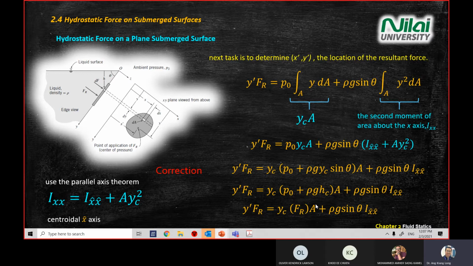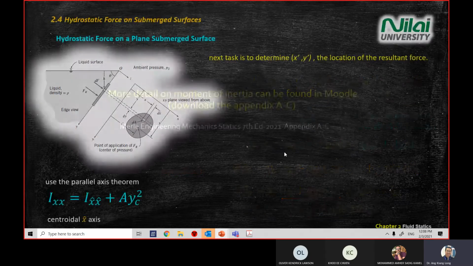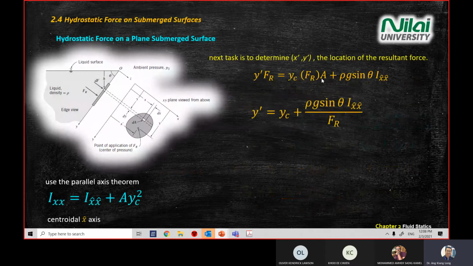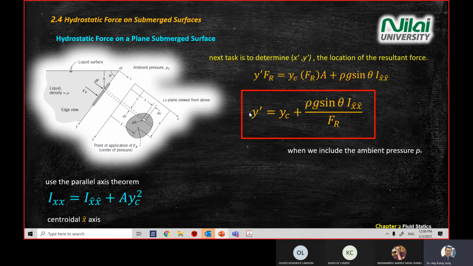So there's a typo here. There shouldn't be an A here. We need to remove the A from our previous slides. There's a correction in the slides for FY. Again, we need to remove the A in these slides. So at the end, we will have our y prime equation.